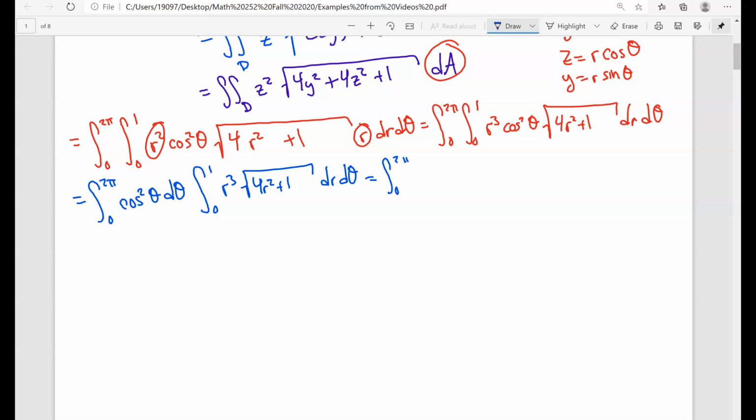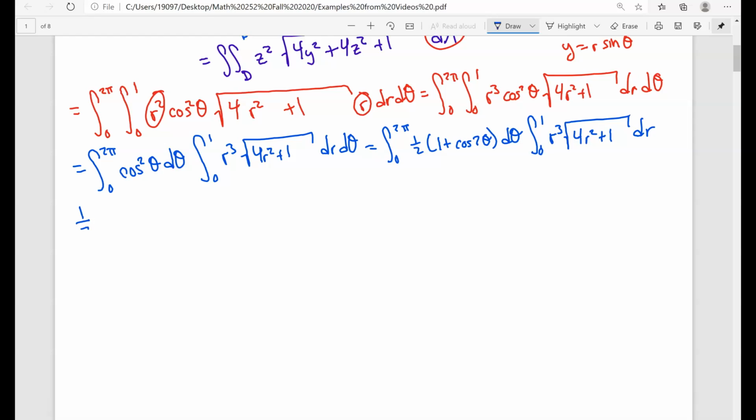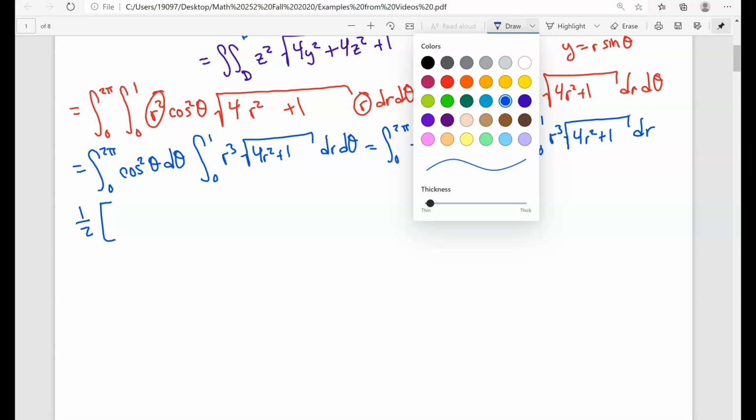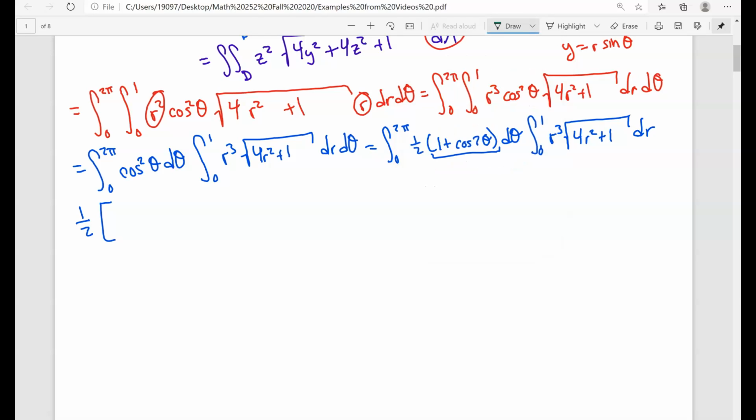So let's convert this using the reduction formula. So you're going to have 1/2, 1 plus cosine 2 theta, d theta. Then the integral from 0 to 1, r cubed, square root of 4r squared plus 1 dr. So I can pull out the 1/2, and then you can take the integral of this inside part, and that inside part, let me just color it in green, I'm going to have theta plus 1/2 the sine of 2 theta.